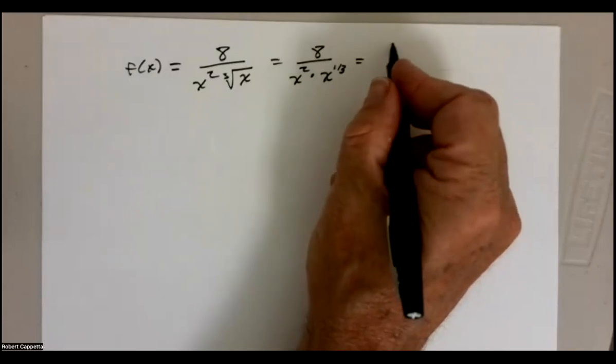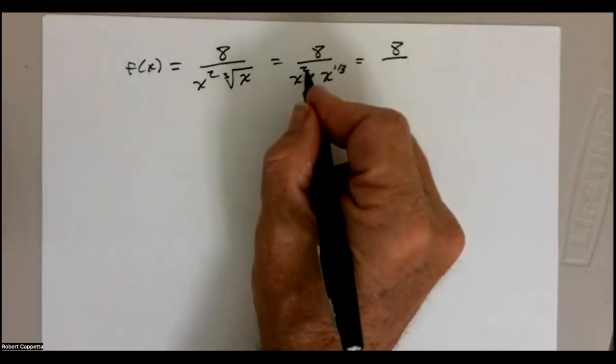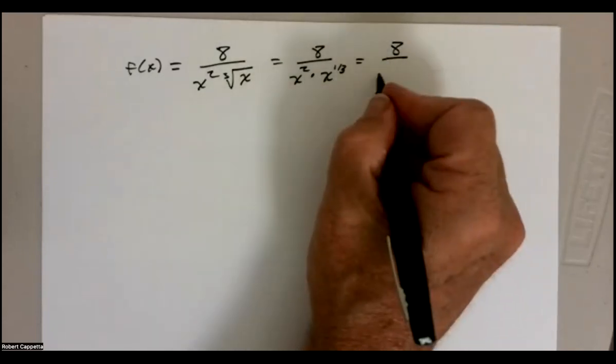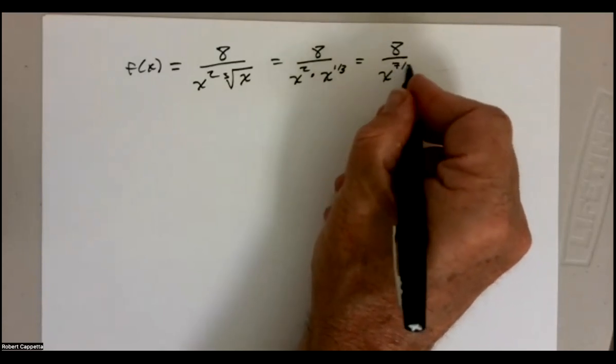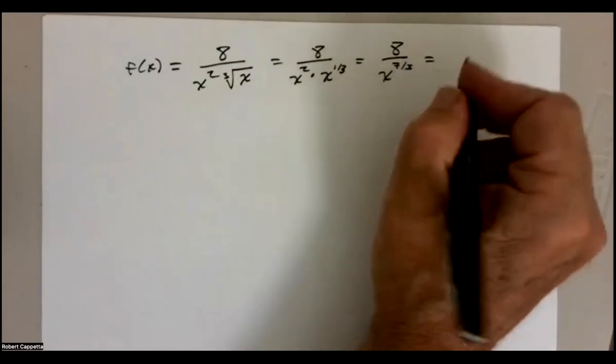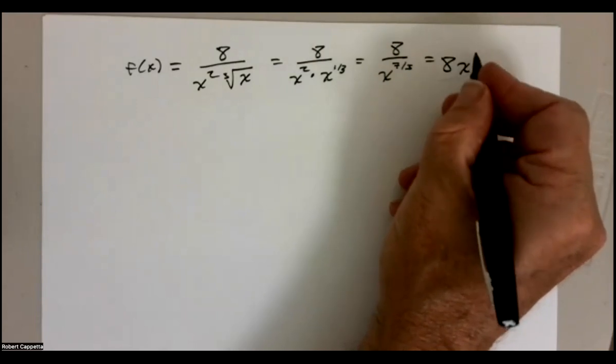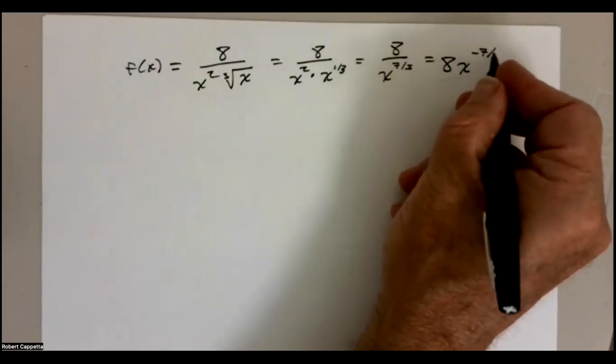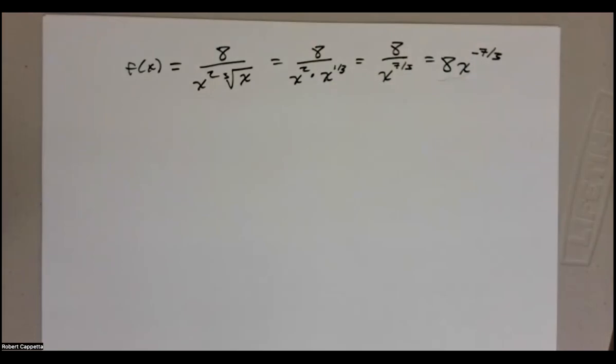So what is that? 6/3 plus 1/3, that's 8 over x to the 7/3, which is 8x to the negative 7/3. So that's the first thing I would do with this.